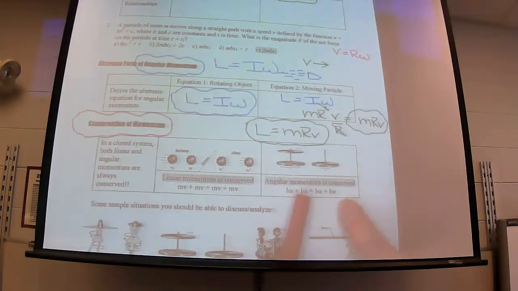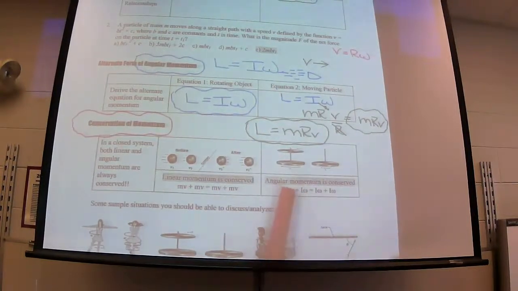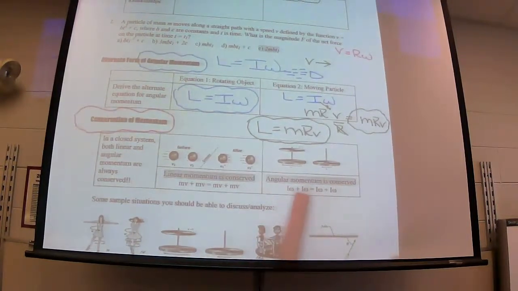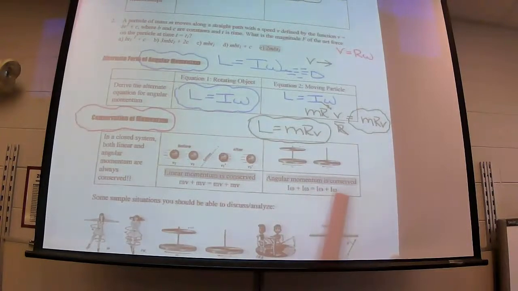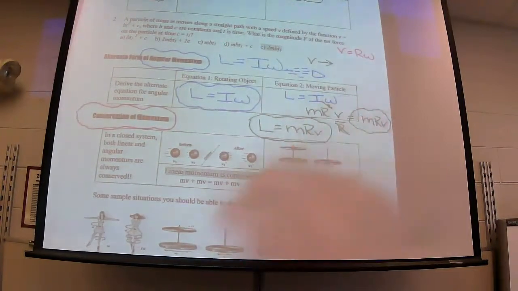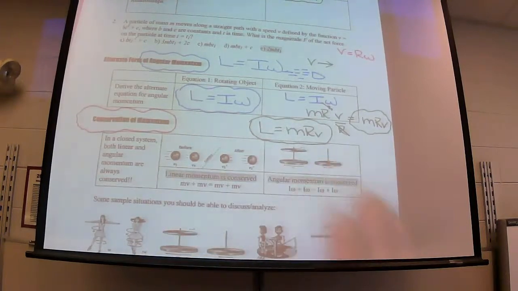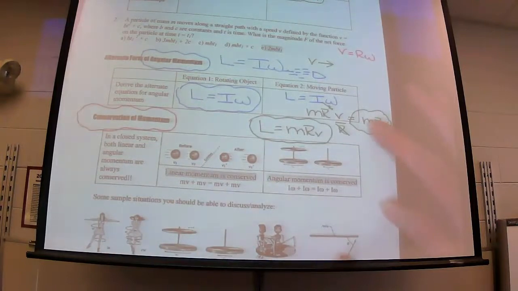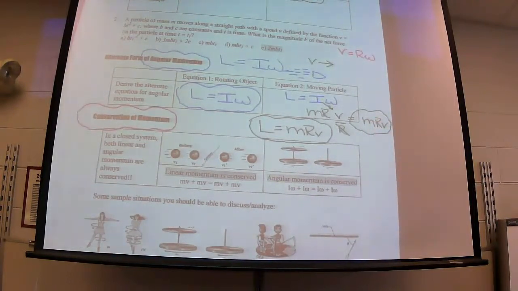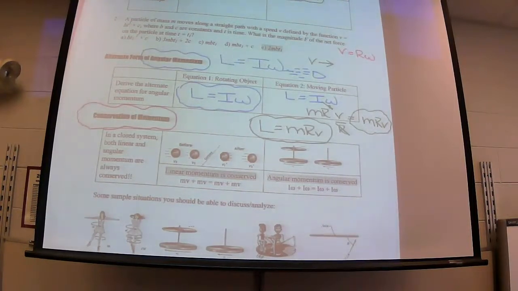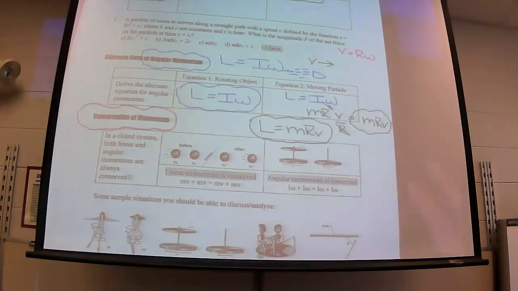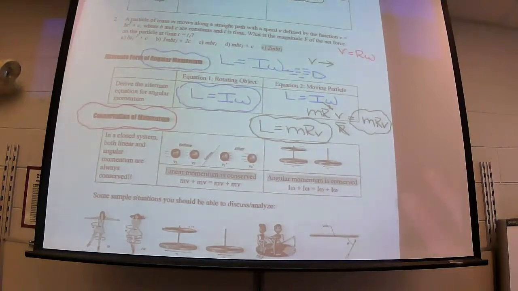But right now, we're going to practice Iω plus Iω equals Iω plus Iω. And we know that both linear and angular momentum are always conserved. So I came up with four situations that I keep seeing over and over again. They change up the picture a little bit, but it goes something like this.